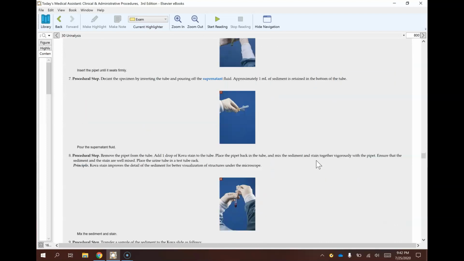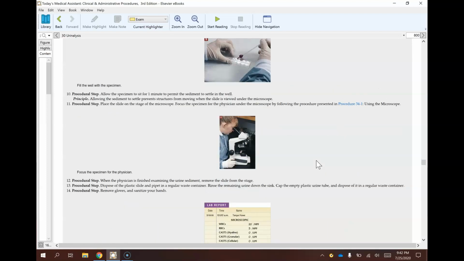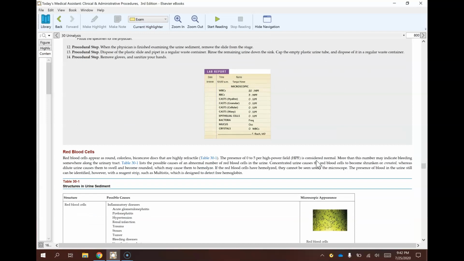Okay. And then your lab report would look something like this. This, again, is not something MAs routinely do. However, if your particular provider requires that you do that, you get familiar with that right away.